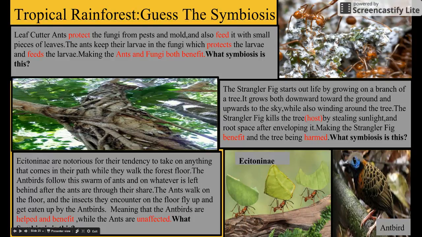It was on a tree, which was a host. And every time you have a host that is harmed, this type of symbiosis would be parasitism. The next one, if you saw the key words like the ants are unaffected, then this would have to be commensalism. And you'll notice the ants with the leaves right here and then the ant bird here.